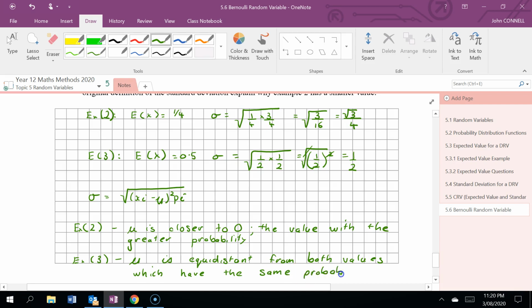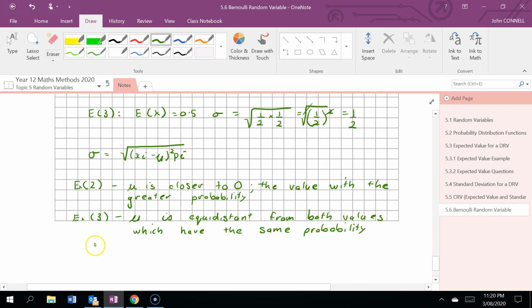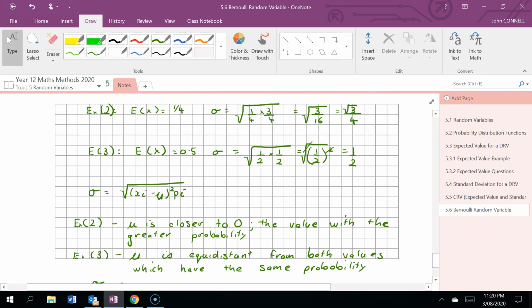So we would expect example 2 to have the smaller standard deviation. And let's just check that. So half is 0.5 and then root 3 over 4, I'll just get the decimal approximation for that, is 0.4433. So it does have the lower standard deviation, which is what we expect from what we just said. Okay.